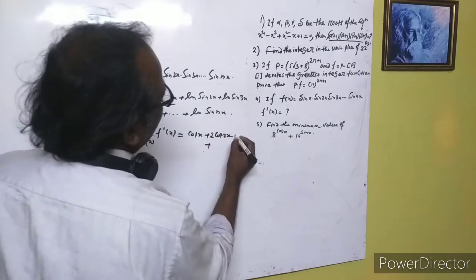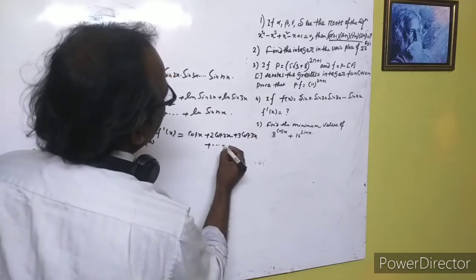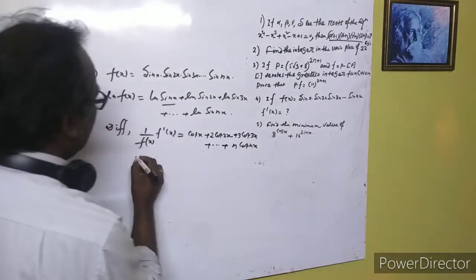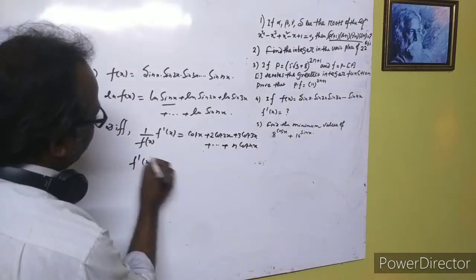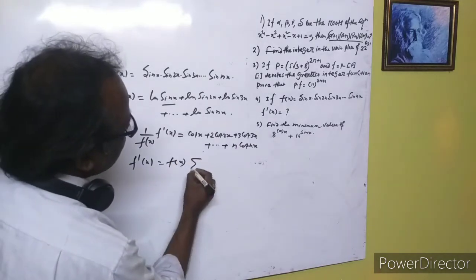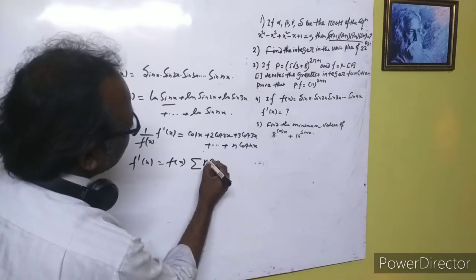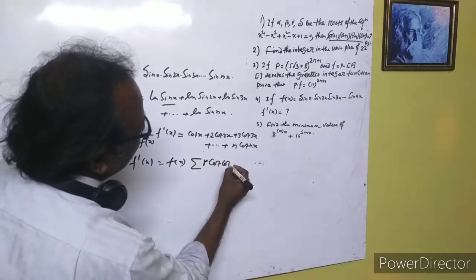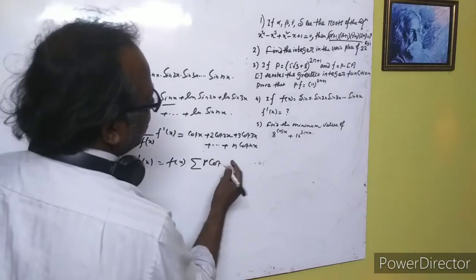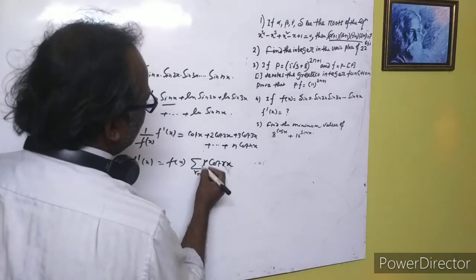Similarly we get 3 cot 3x and n cot nx. This is the summation of r cot rx, with r equal to 1 to n.